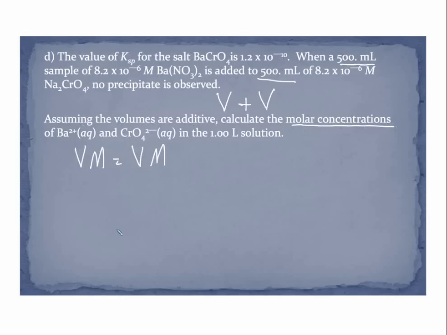So we want to know the molar concentrations of each of these. Well, I'm adding barium nitrate. So let's start first with our barium nitrate. We need to do an ion within, and I hope you can now see that our concentration of barium ion is going to be equal to our concentration of barium nitrate because it's a 1-to-1 mole ratio.